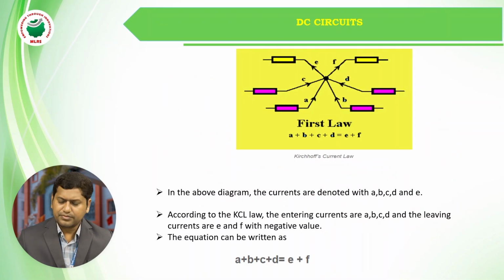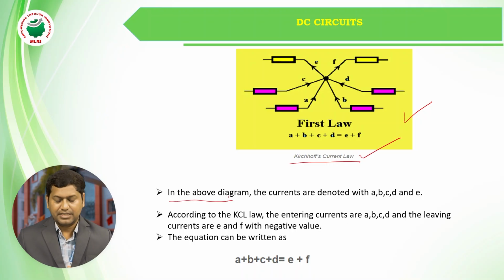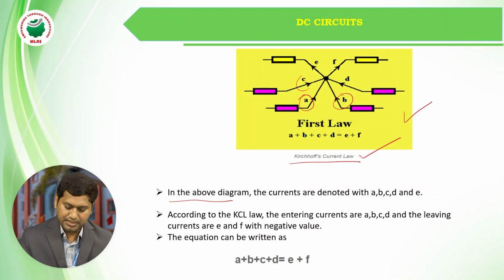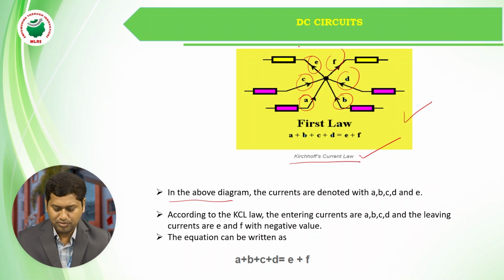So this is one of the diagrams shown on the screen, that is for Kirchhoff current law. If you see in the above diagram, the currents are denoted here as A, B, C, D, E, F. So the currents are moving here and there in the circuit.